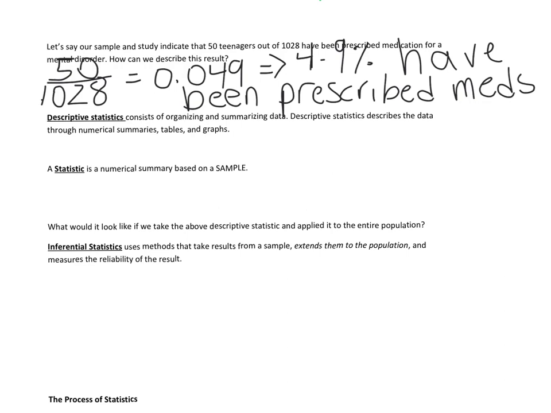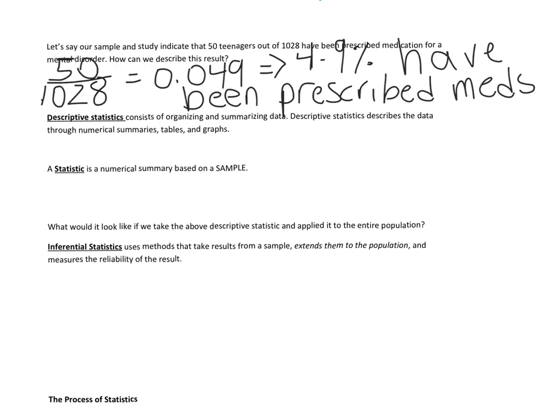Okay, so what we just did was a process called descriptive statistics. Descriptive statistics consists of organizing and summarizing data. So descriptive statistics describes the data through numerical summaries, like 4.9%, tables, and graphs.